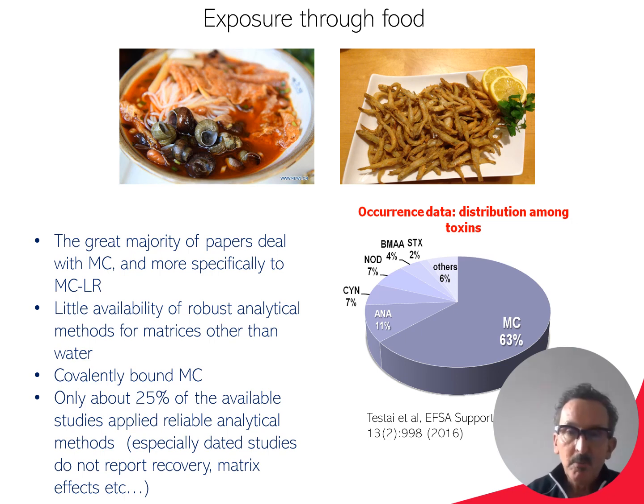Exposure to food, I'm not going to say too much. The basic science, the guideline values and so on are not any different. It really depends on local circumstances, local traditions, whether people may or may not be exposed to cyanobacterial toxins in freshwater seafood.